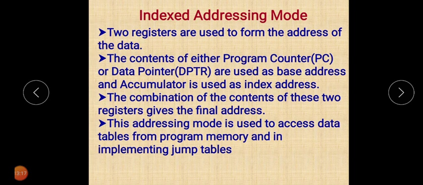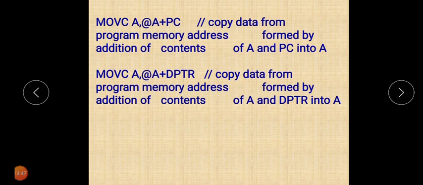The two registers that are used are, one is the accumulator, which is used as an index address, and the other one can be either the program counter or the data pointer register. These two are used as base address. The contents of these two registers are combined and it gives the final address of the memory location. Mostly this addressing mode is used to access the data table from program memory.